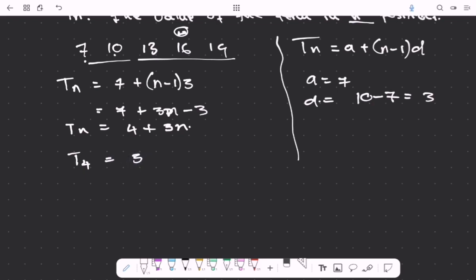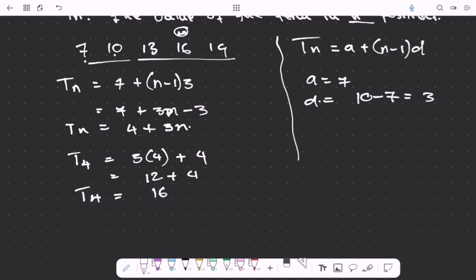3 times 4, because n is equal to 4, plus 4. Exactly. So 3 times 4 is equal to 12, plus 4. What is 12 plus 4? That's equal to 16.